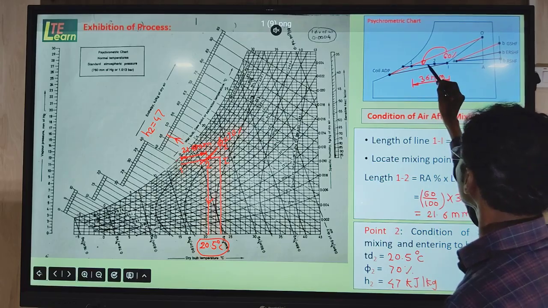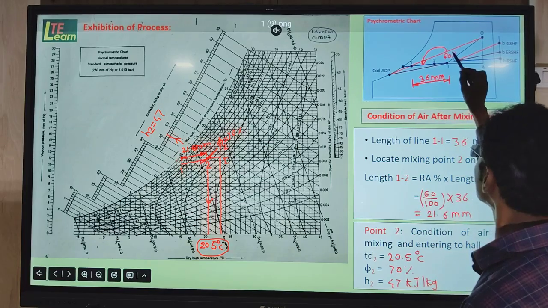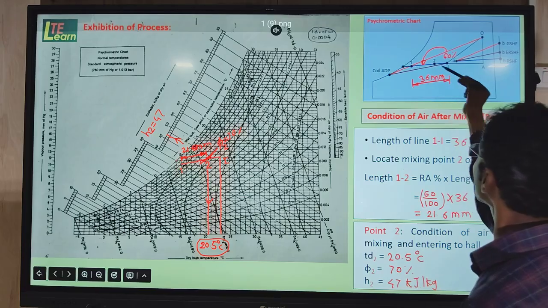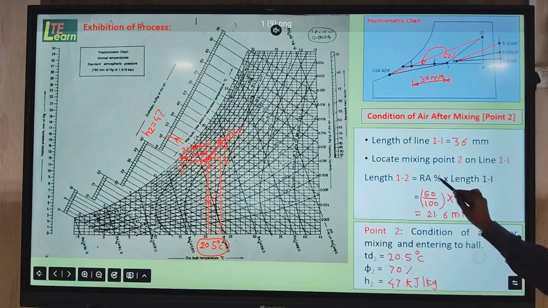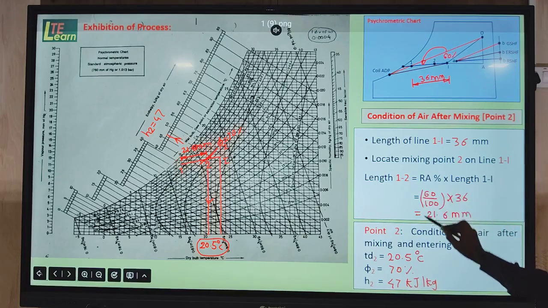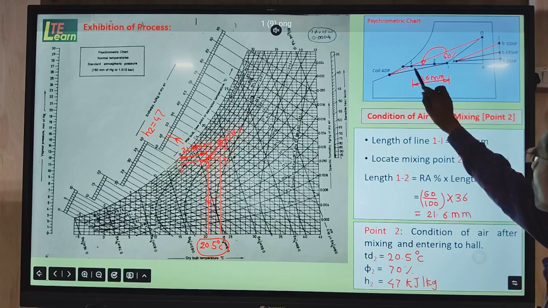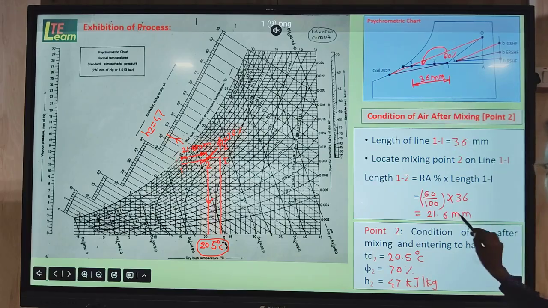From this concept we use the formula: length 1 to 2 will be equal to what? The return air percentage given multiplied by this total length, which we already measured. So the return air percentage given, 60%, we use here, and this total length. By putting this in and doing the calculation, we find the length of 1 to 2. This means point 2 we locate from point number 1 at this distance.